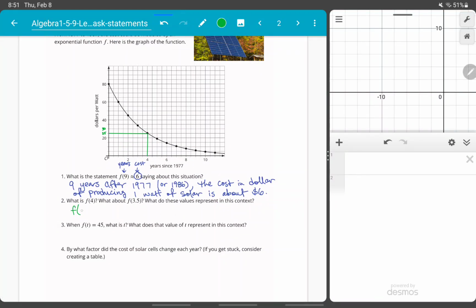So we can say f of 4 is about 25. And so what does that mean?